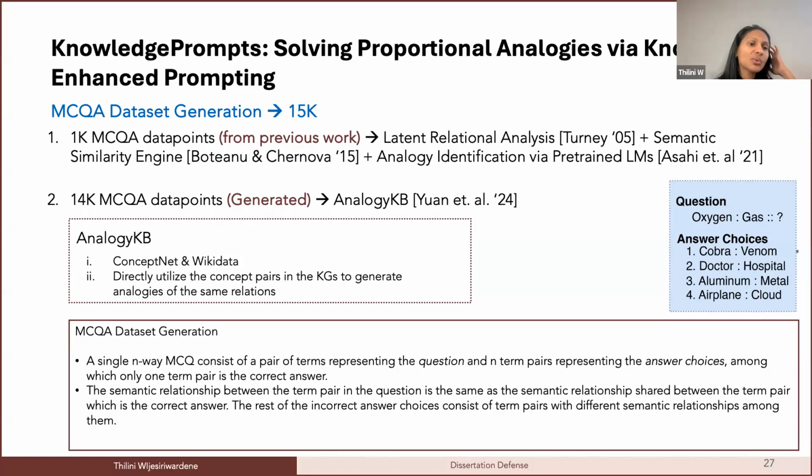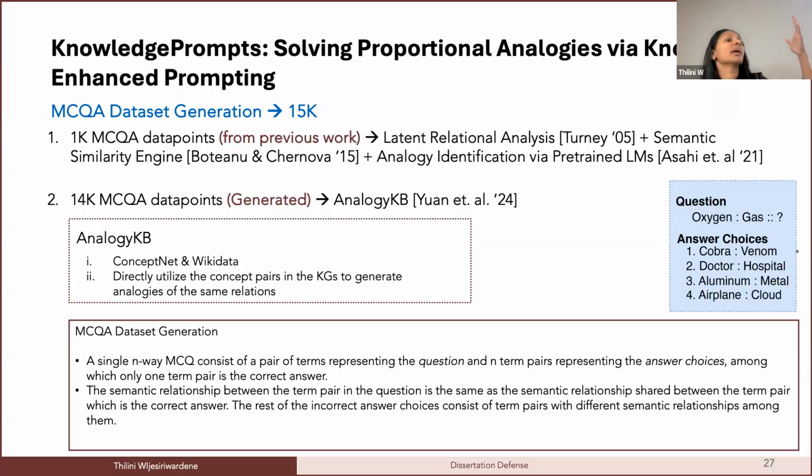So we combined all those, and they created 1000 MCQ data points. This is from previous work, and we wanted to extend this data set to have more data points, and data points with more different implicit relationships. That implicit relationship we had was type of.